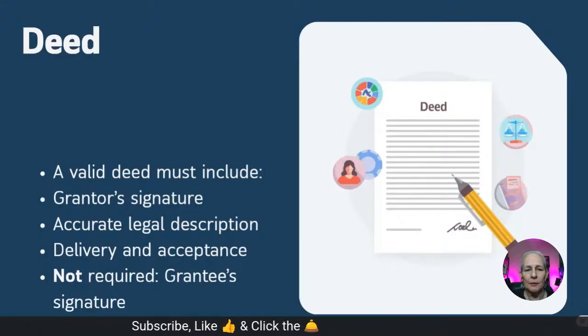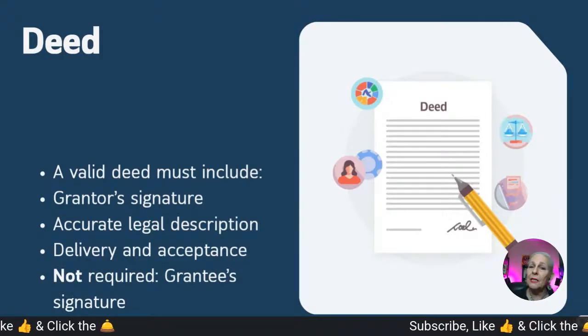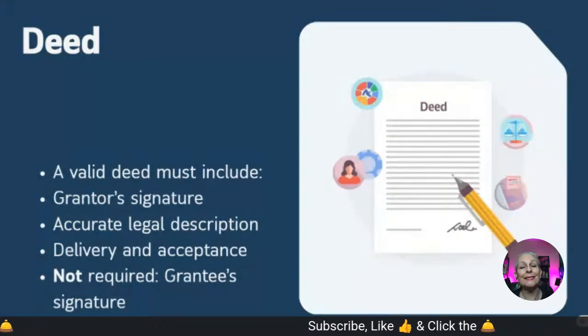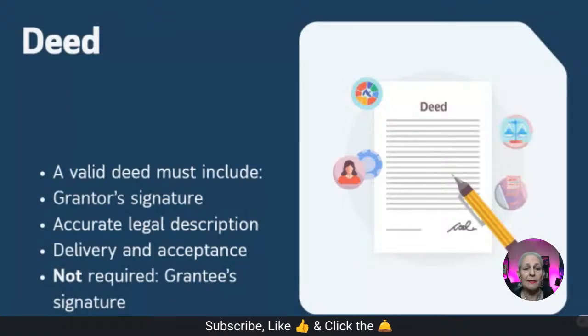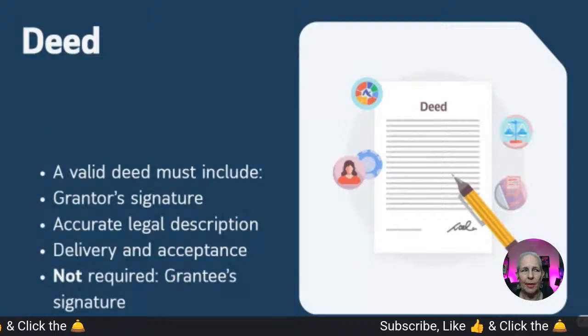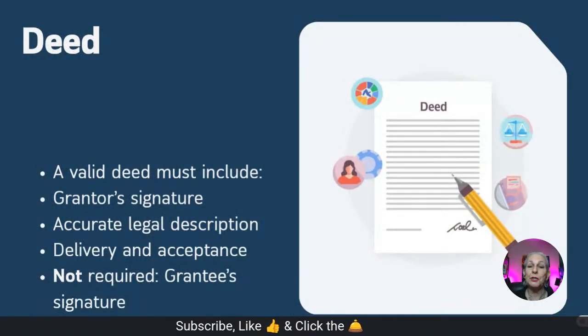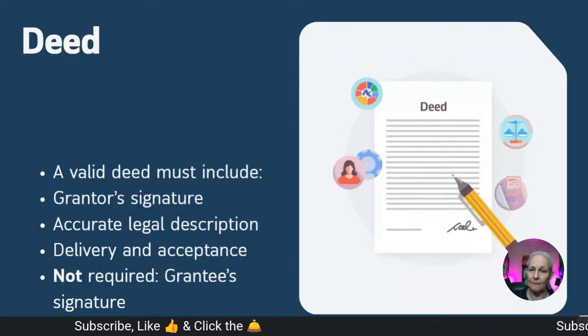The deed must be delivered and accepted. So not just delivered, must be accepted by the grantee. Not required, grantee's signature. Who's the grantee? The buyer, the borrower, the new to be owner. Do we have that?